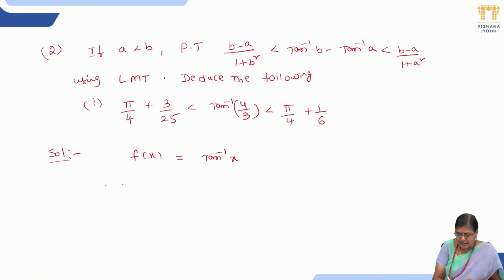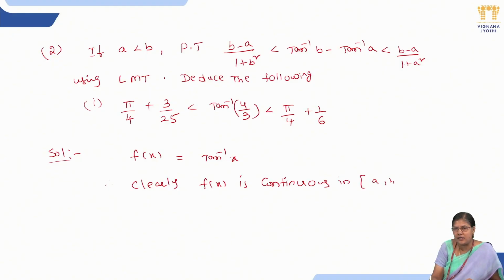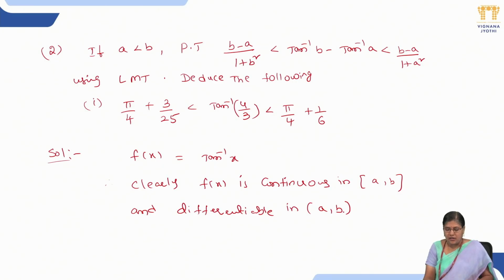Therefore, clearly, f of x is continuous in the closed interval of a comma b and differentiable in the open interval of a comma b. Also the given condition is a less than b.